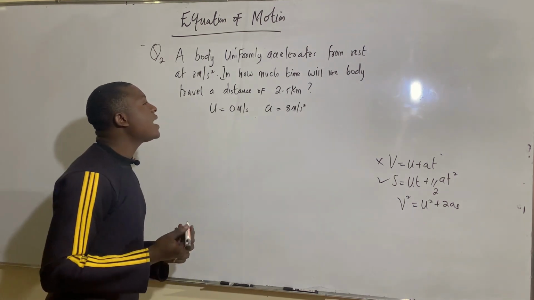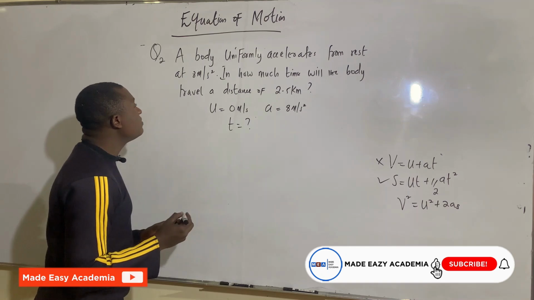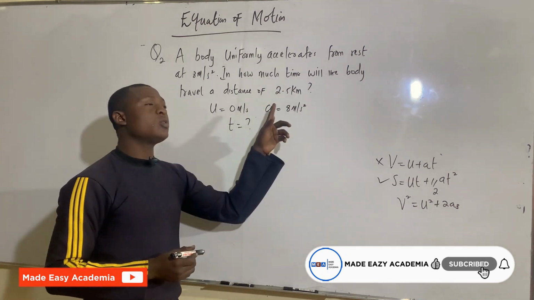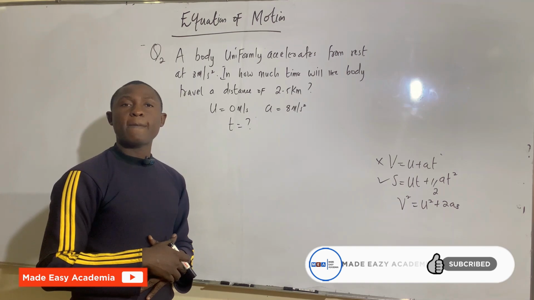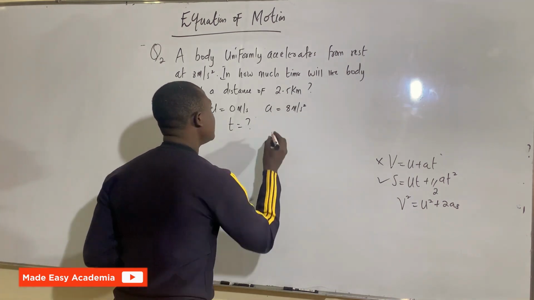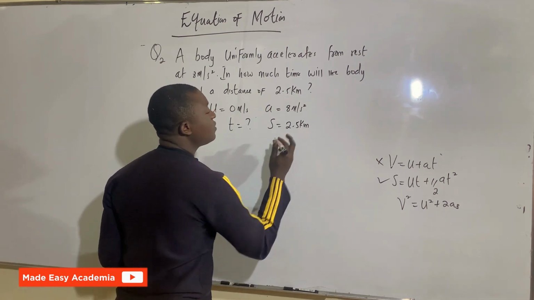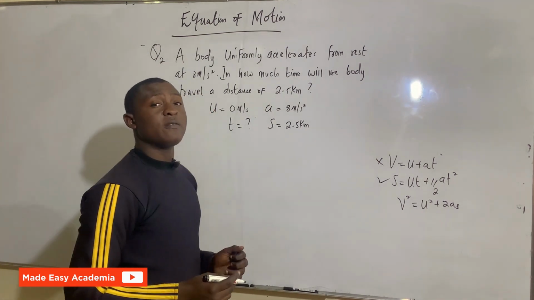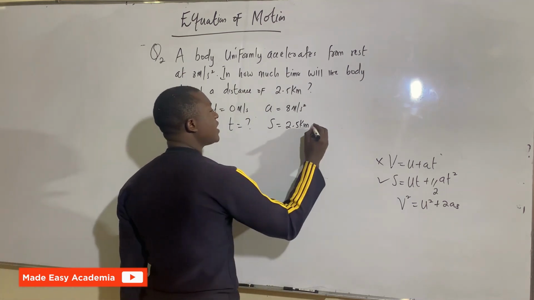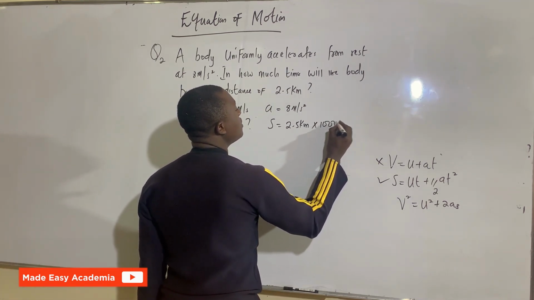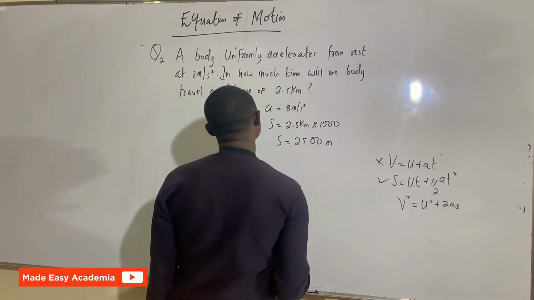They now said how much time, meaning we are looking for time, will the body travel a distance of 2.5 kilometers? Which one is kilometers? That's distance. But the value is in kilometers, so we can convert it to meters. I told you 1,000 meters make 1 kilometer, so we multiply by 1,000 and we have 2500.